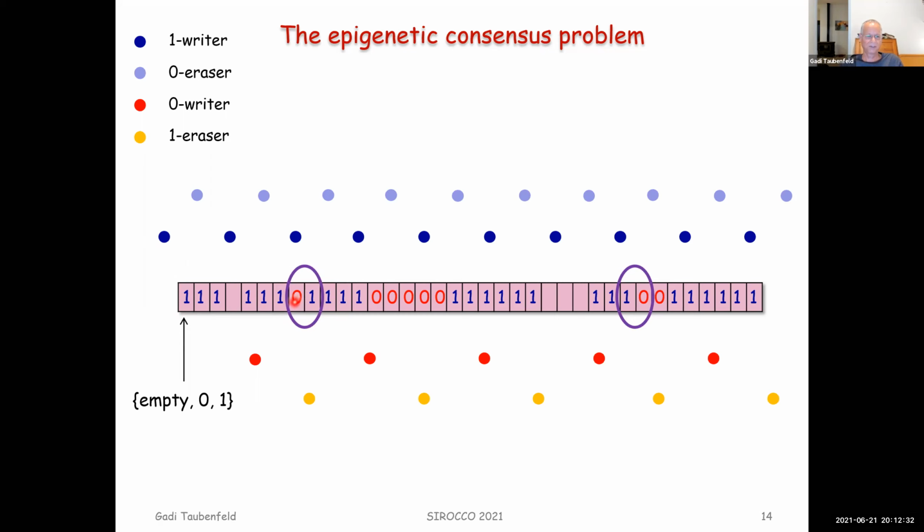This is another version which, by simulation, is faster than the one I described before, but it's much harder to analyze. So we analyzed the first version that I mentioned, where the writers simply scan back and forth, never stop, and whenever they see an empty location, they write the value that they're supposed to write.